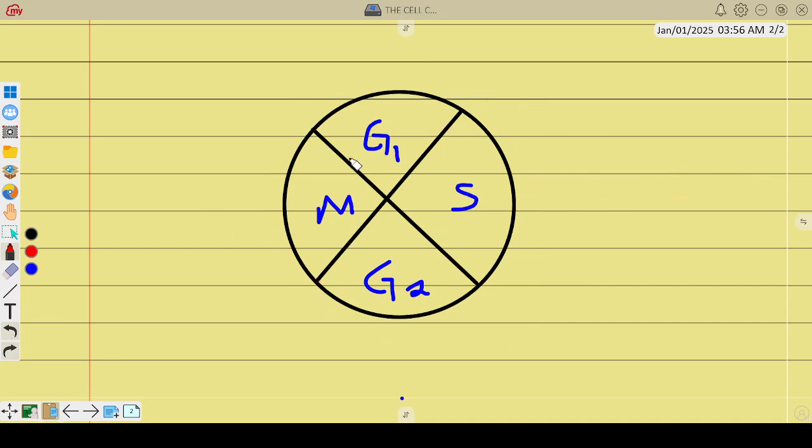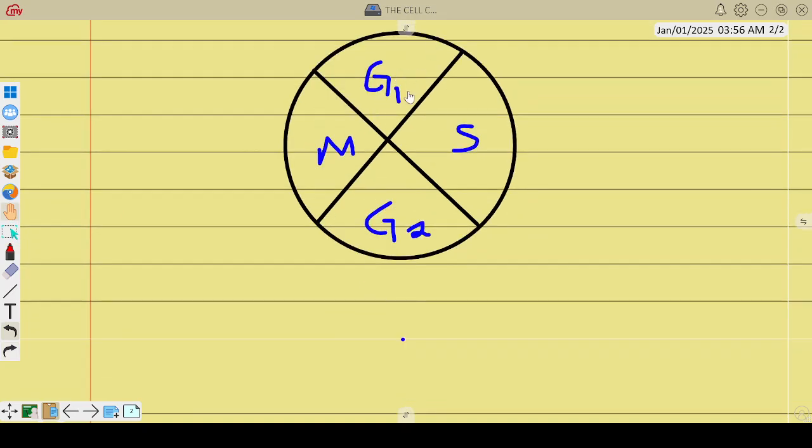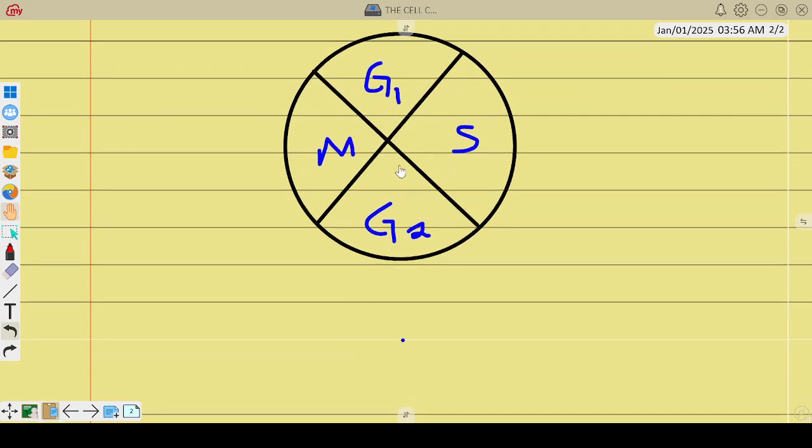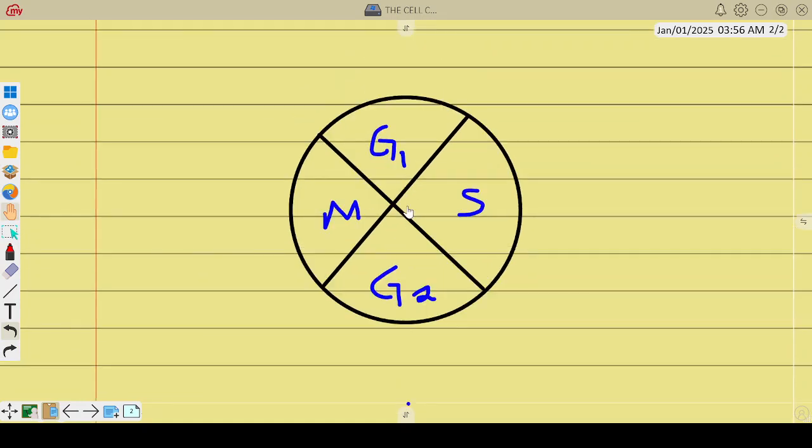Okay, so I think we've explained that. Just remember the whole of this part is interphase, and that is mitotic. We want to discuss interphase in this lesson, so we just use the same diagram.